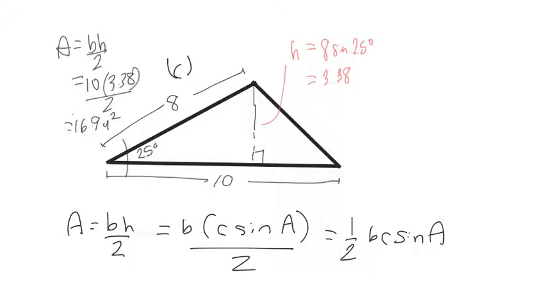It basically means if you want to calculate the area of a triangle, as long as you have 2 side lengths and the angle that they form, so in this case B is my base, 10. C is this other side here, 8. And the angle that they form, that's the 25 degrees. If you have this bit, and this bit, then you can put all of that into your formula and work out the area all in one go.